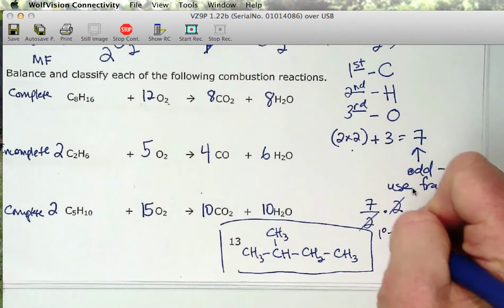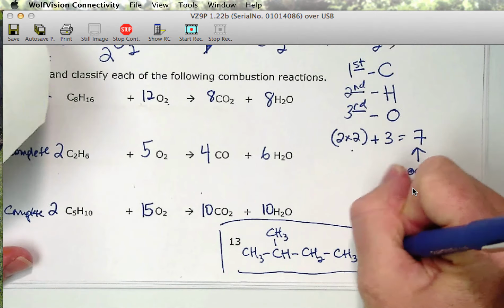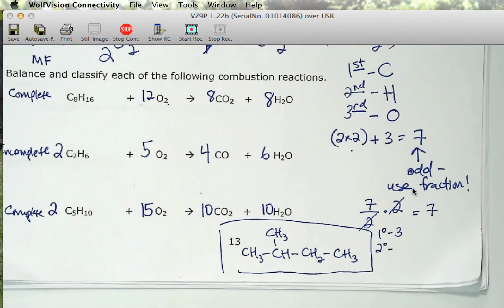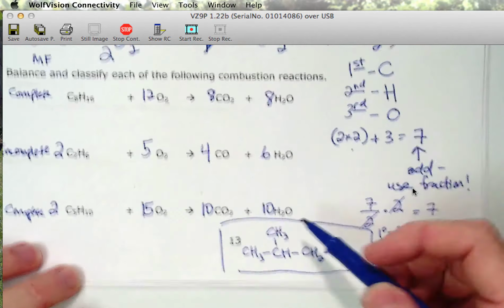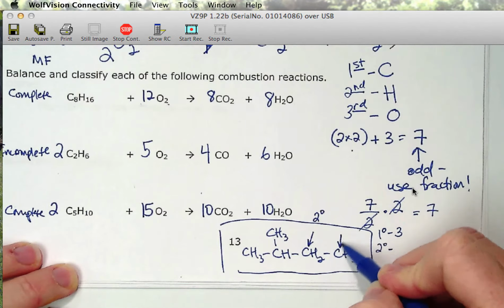So basically, all your terminal carbons that have 3 hydrogens on them. And then how many secondary carbons are there? 1. So you just have this one as a secondary. This is your primary.